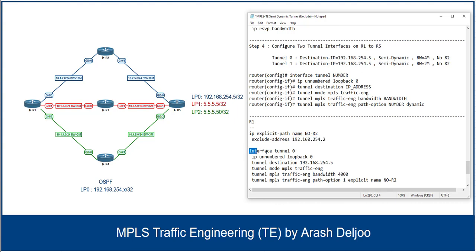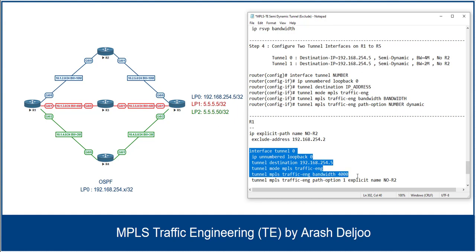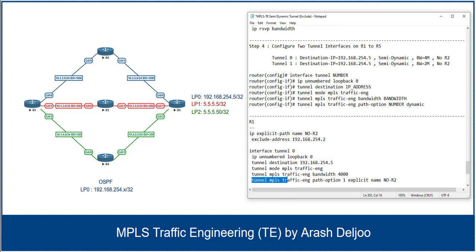And then on the interface tunnel 0, I configured IP unnumbered loopback 0, tunnel destination, tunnel mode, tunnel MPLS traffic engineering bandwidth requirement, and tunnel MPLS traffic engineering path option 1, explicit name, then the name of our explicit path.